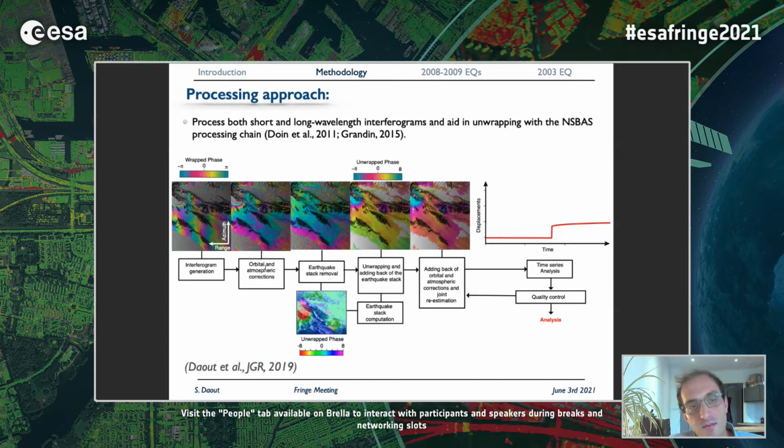In addition to that, we also compute a stack of coseismic interferograms that we also remove from all the interferograms that were containing the coseismic fringes. And so after that, we were able to multi-look and filter in order to be able to unwrap at large scale. And after this unwrapping step, we reintroduce all the corrections that we previously applied, because we don't want to remove anything, and perform the time series analysis.